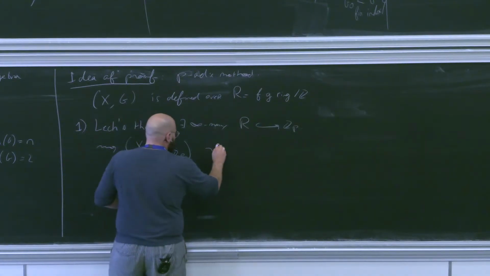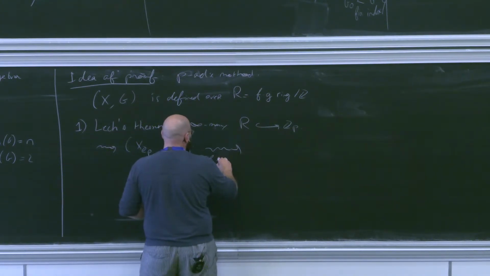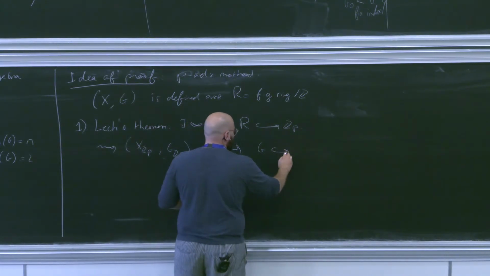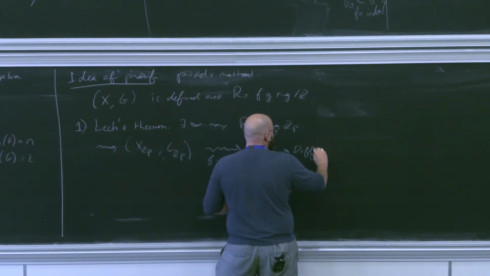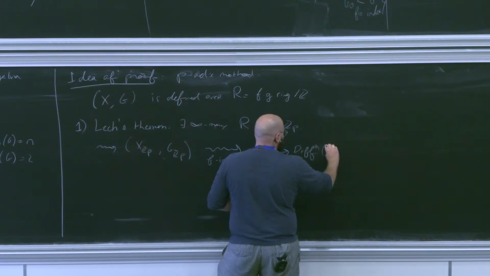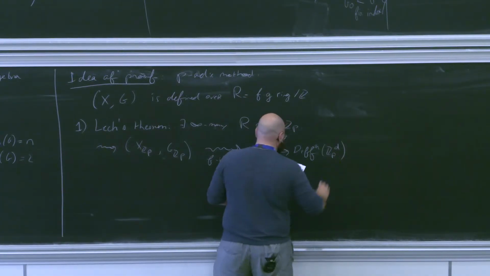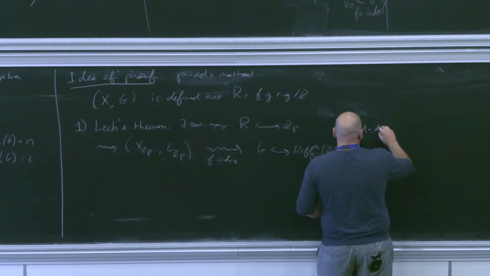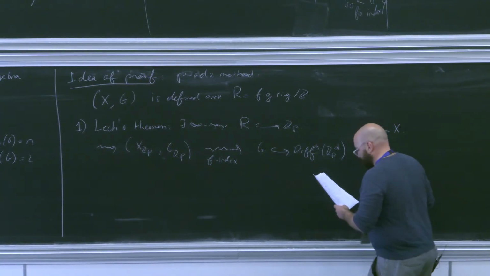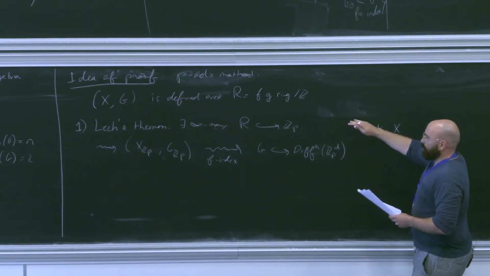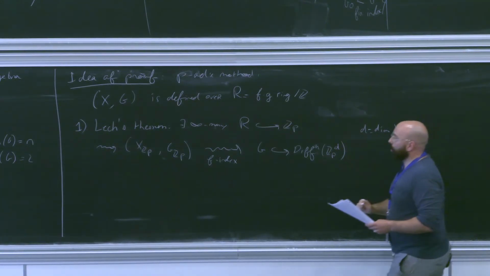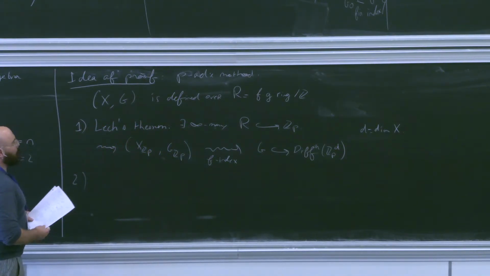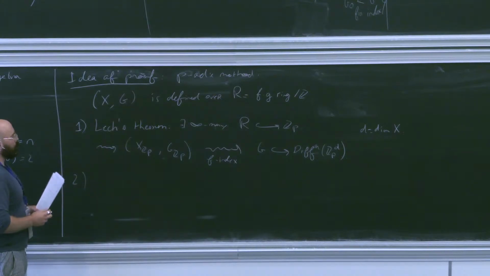Okay, and up to a finite index, this will give an embedding of my group G into this group of p-adic analytic diffeomorphisms. Okay, where D is the dimension of my variety. So this was basically what Serge talked about last week. I'm going to talk about this a bit to remind everybody of what is going on.